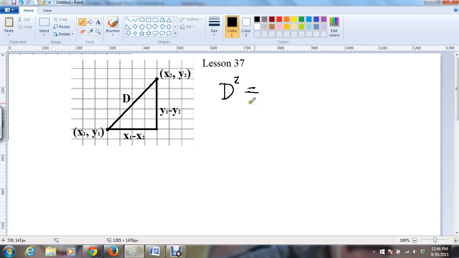d squared equals the difference between the x's squared plus the difference between the y's squared.